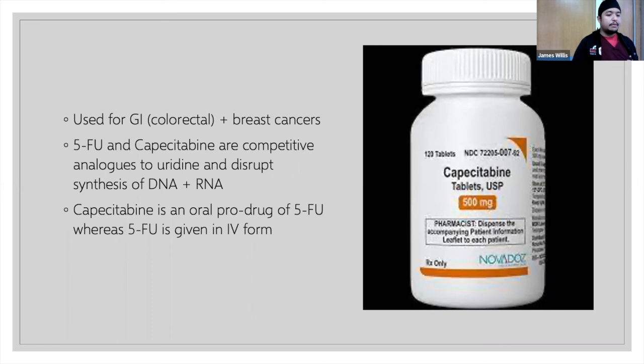They both work by targeting, in this case, uridine, which is one of the nucleotides, and in turn disrupting the further synthesis of DNA and RNA. Capecitabine is simply an oral prodrug of 5-FU. With 5-FU, patients usually go to chemo centers and get it through an IV, through a pump. Whereas capecitabine is essentially just an oral form that converts into 5-FU once it reaches the gut.